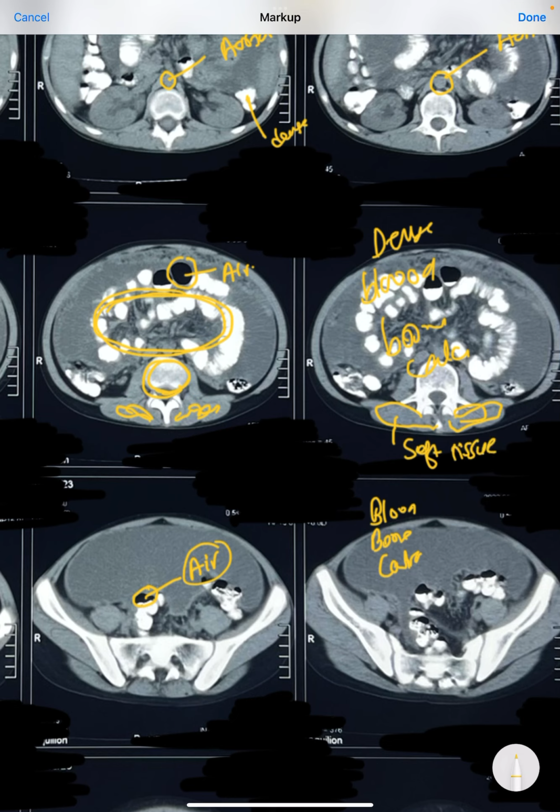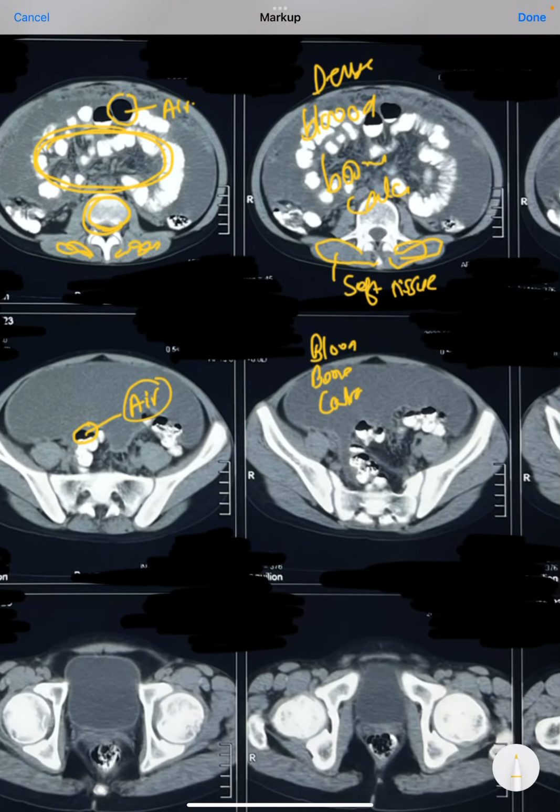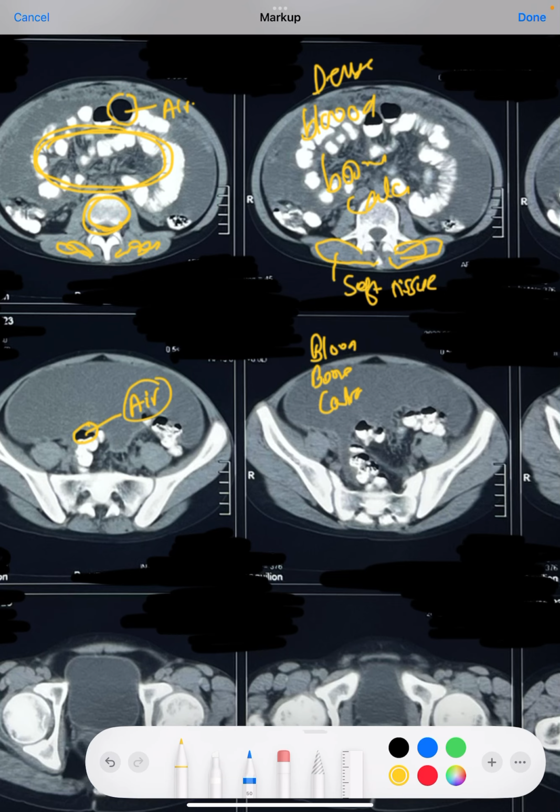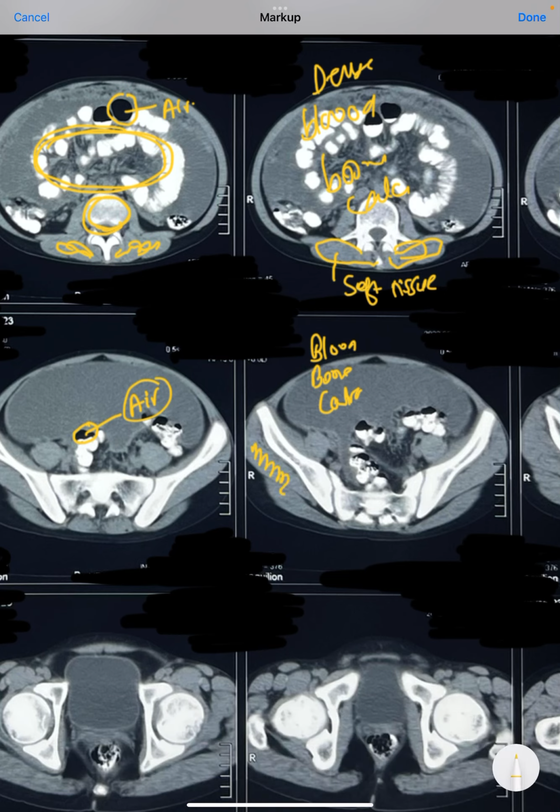So the density of blood, calcium, bone, contrast will be dense white, extremely white, glistening white. The air will be dense black. The soft tissue will appear whitish and definitely not blackish. So this is all the muscles or the soft tissue which is there.